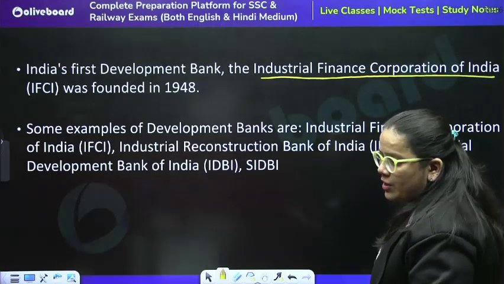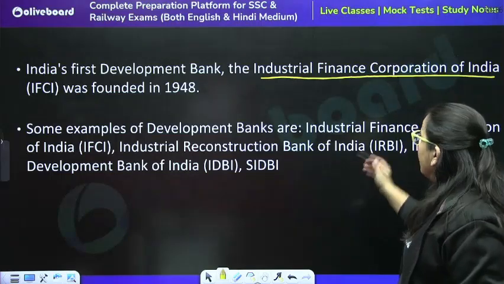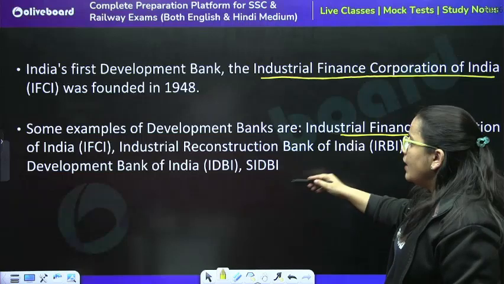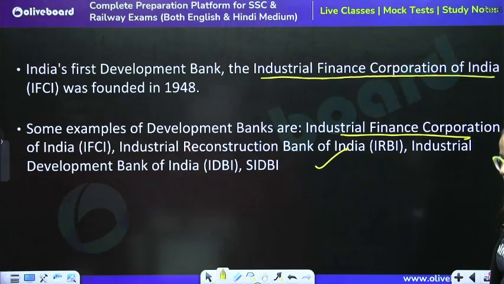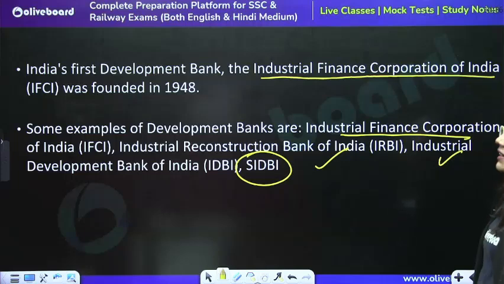It was established in the year 1948. For example, Industrial Finance Corporation of India, IFCI, Industrial Reconstruction Bank of India, IRBI, Industrial Development Bank of India, IDBI, and very important, SIDBI. These are the development banks in India.